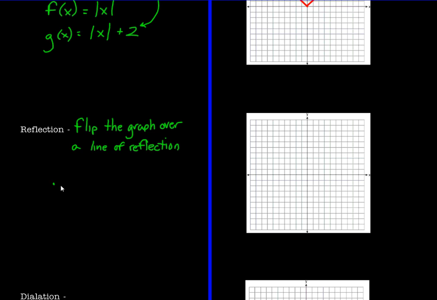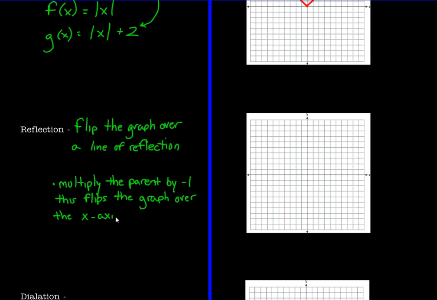One way is to multiply the parent by -1. This flips the graph over the x-axis. If you multiply the parent function by -1, it flips the graph over the x-axis.